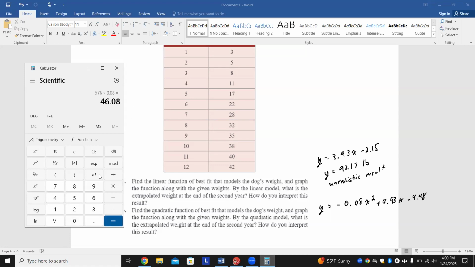I'm going to make that a negative. And then I'll add that to 4.93 times 24, and then minus 4.48. And in 24 months, he should be about 67.76 pounds. So a little bit closer, in my opinion, still not realistic. Because again, he's supposed to be between 40 and 45.